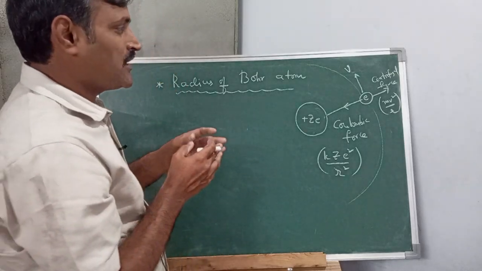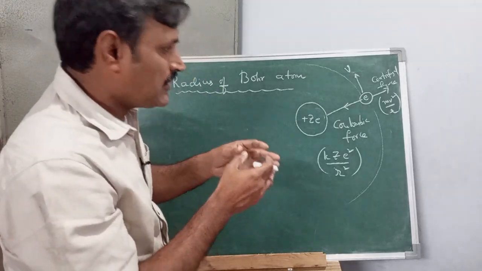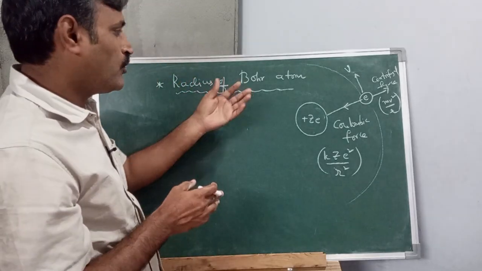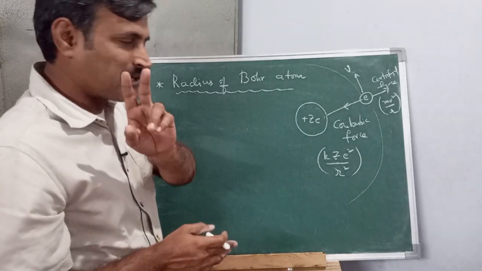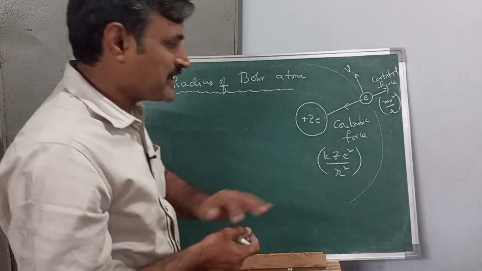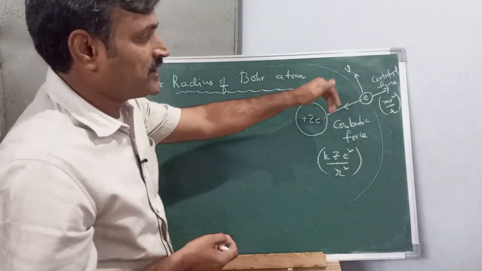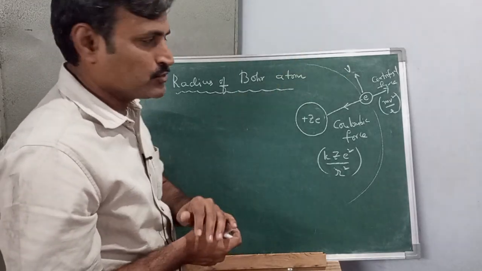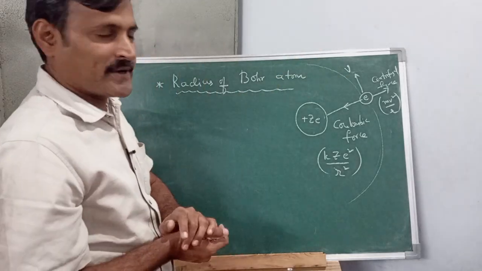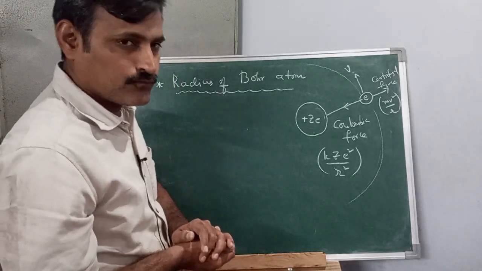The electron maintains its position and makes the Bohr atom stable because of two things. One is the Coulombic force of attraction towards the nucleus. The other, acting equally away from the nucleus, is called the centrifugal force.